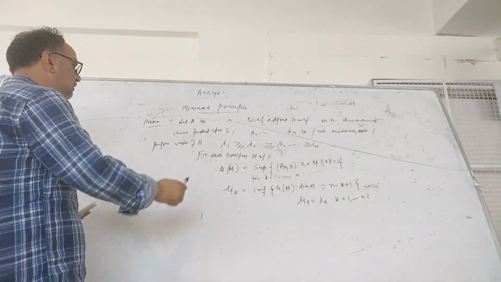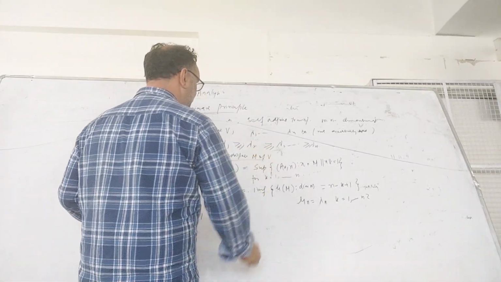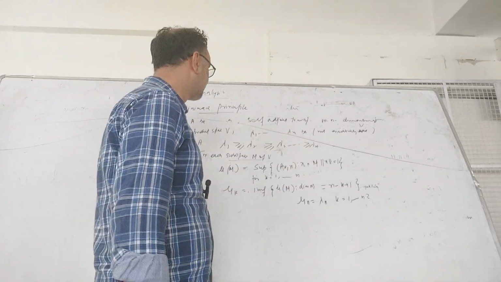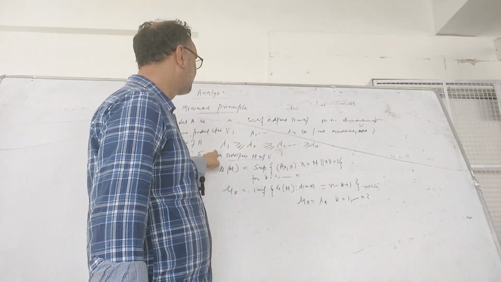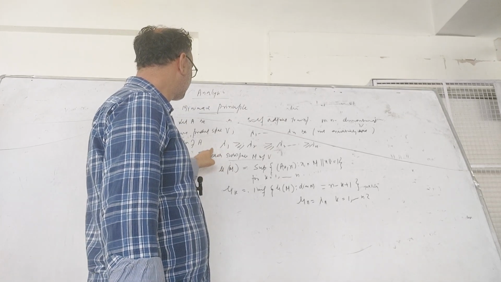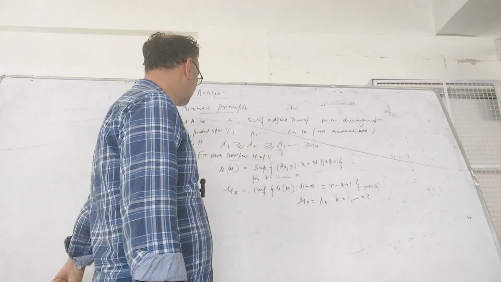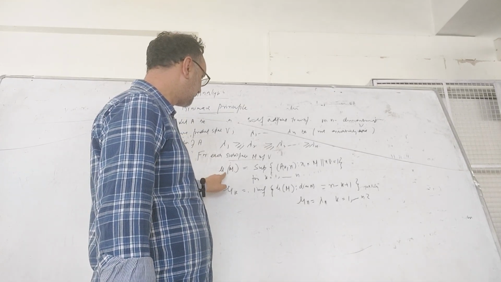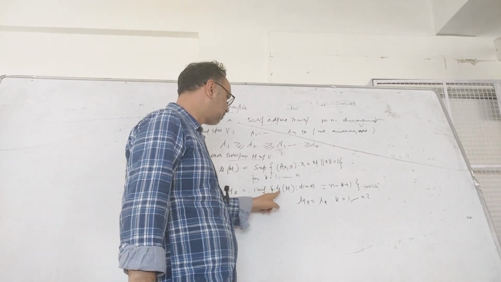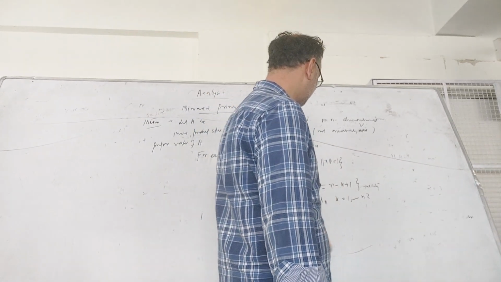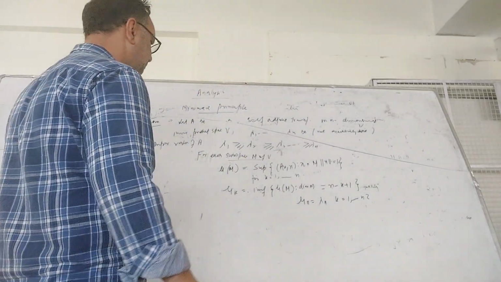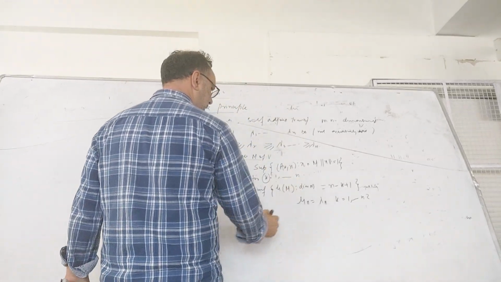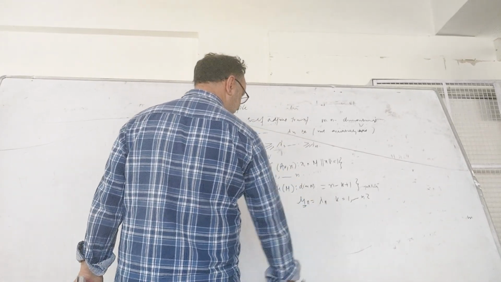If we define the lambdas in this way, then for each subspace the supremum is defined like this, and for the infimum, the dimension of the subspace is defined like this, with k going from 1 to n.